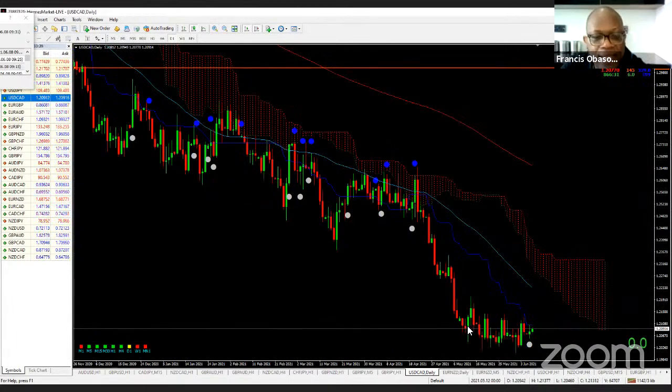I mean, this is USD CAD. The market has been going down, trending down for a long time, as you can see there. The market has been bearish. It's been a strong bearish move for quite a while. I mean, imagine this is the daily time frame, which means every candle is a daily candle. But here it seemed to have bottomed.